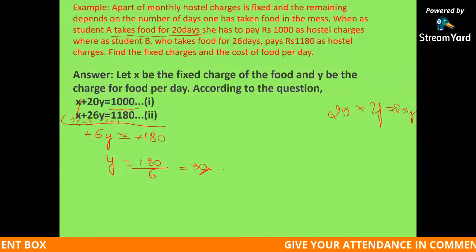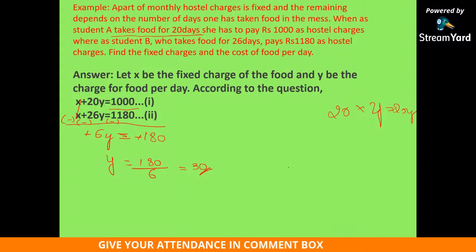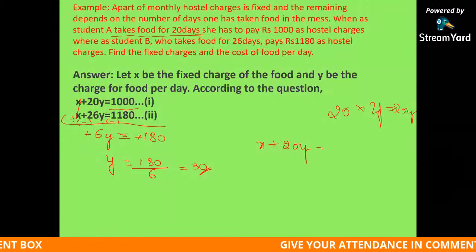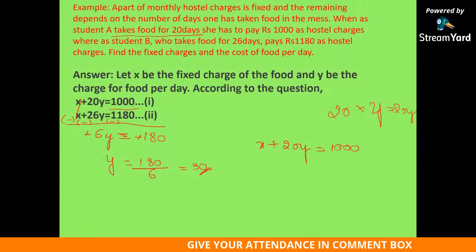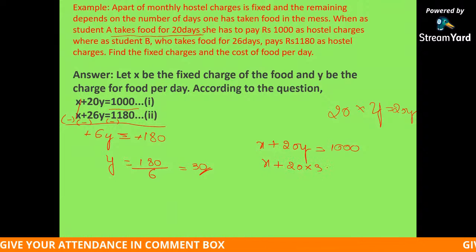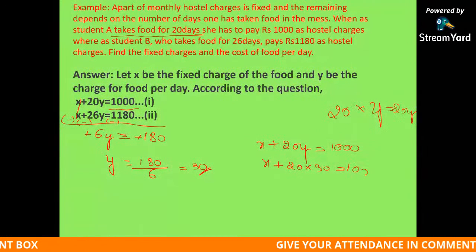Then after this one, we can get the value of x. For this one, I will select the first equation. x plus 20y is equal to 1000. x plus 20 into, in place of y, I am substituting value 30, is equal to 1000.